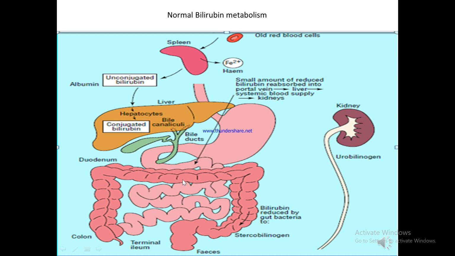The remaining amount, so here the conjugated bilirubin in blood stream is concentrated to less than 0.3. The remaining amount of conjugated bilirubin will be converted by gut bacteria to stercobilinogen and then it's excreted out of body through feces.